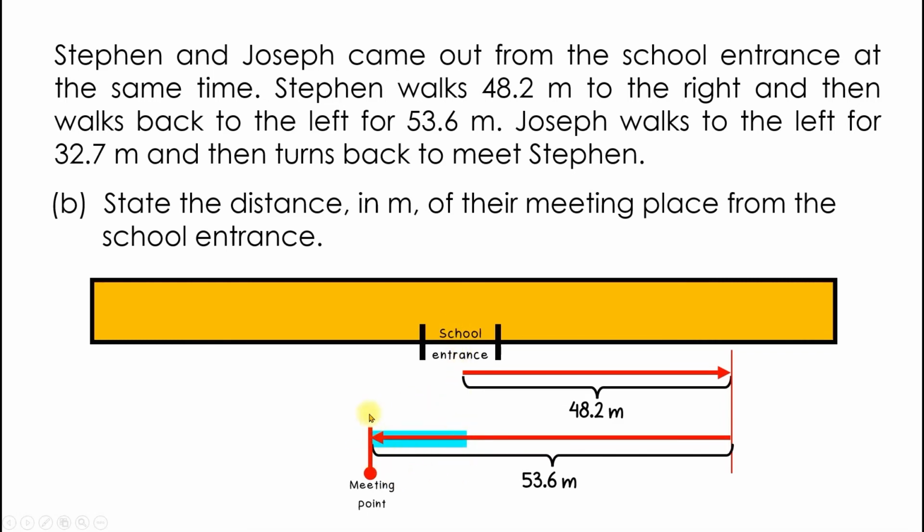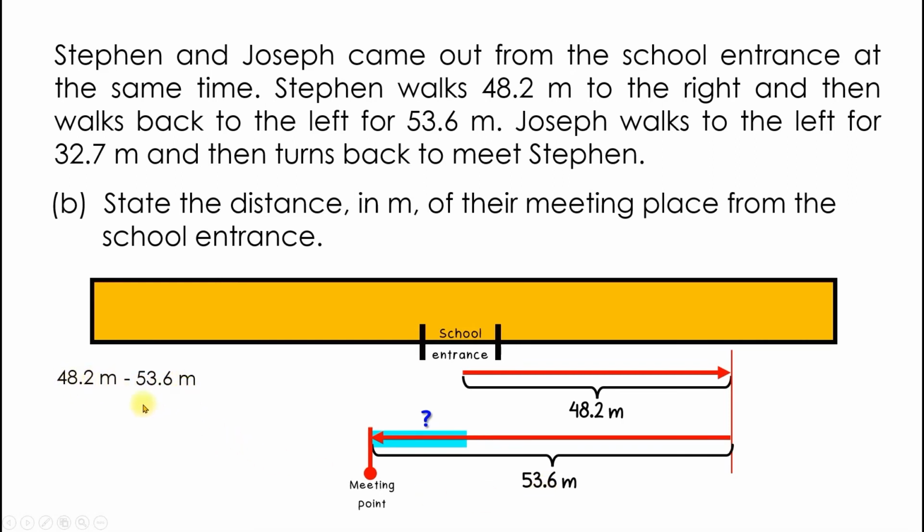We have to figure out what this value over here is. So in order to do this, we are first going to take the 48.2 meters because it's movement to the right hand side. It's a positive 48.2 meters. And this arrow shows movement to the left, so 53.6 meters is going to be a negative value.